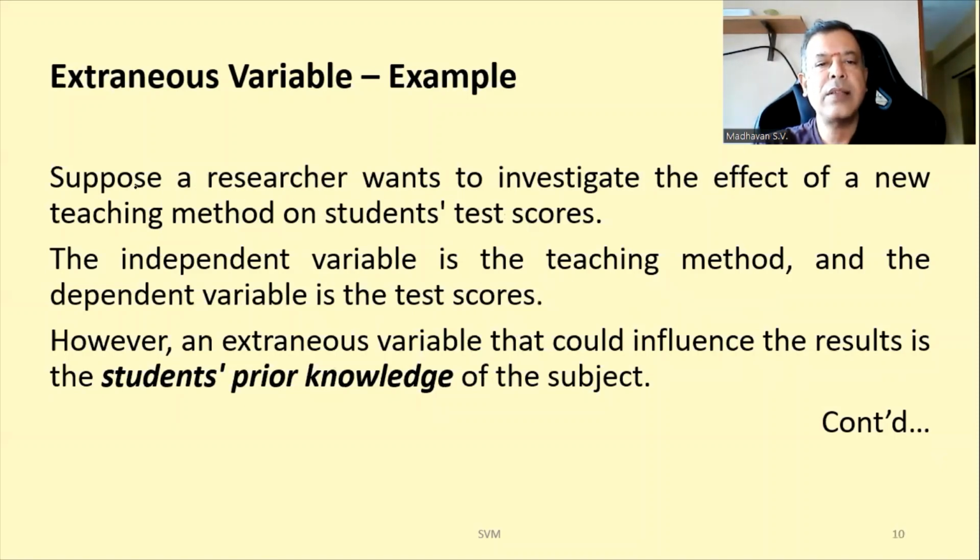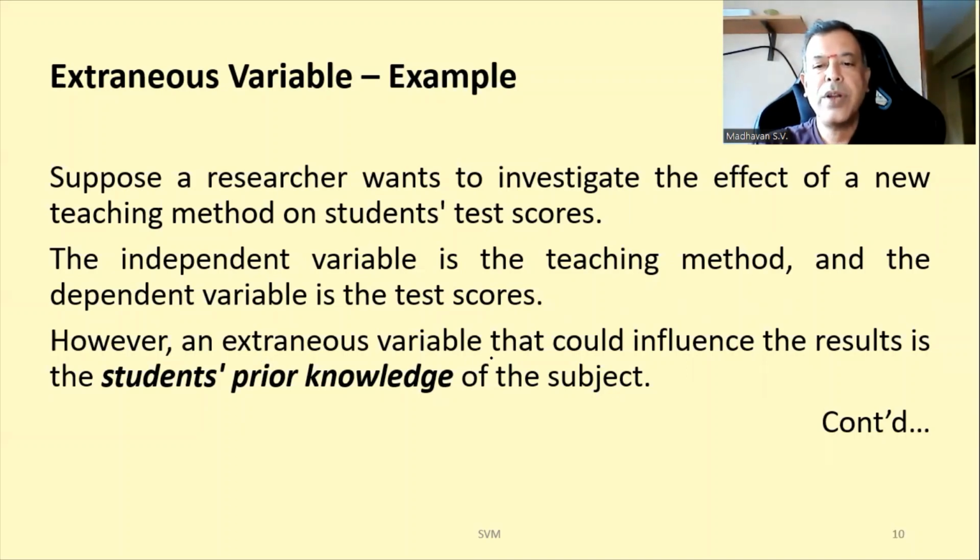Let us suppose that a researcher wants to investigate the effect of a new teaching method on students' test scores. Meaning, if the researcher starts implementing a new teaching method, whether the scores are improving, or remaining the same compared to the traditional way of teaching. The independent variable here is the teaching method, and the dependent variable is the test scores.